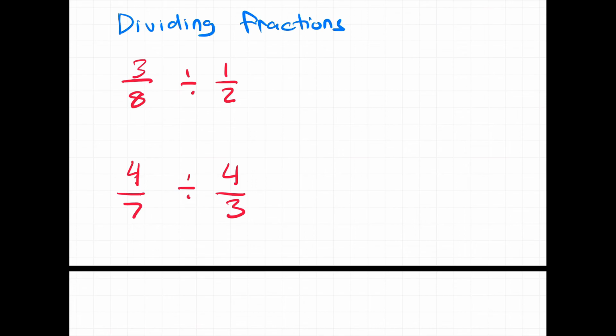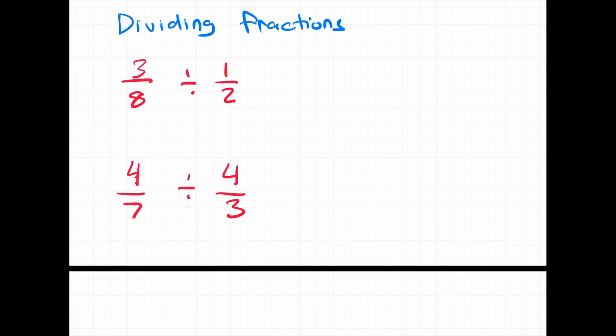You'd think you would just go 3 divided by 1 and 8 divided by 2, but that is not what you do. What we're going to do is take this second number right here, and we're actually going to turn it upside down. Now, you won't be able to physically turn it upside down like I just did there, and numbers end up backwards anyways.